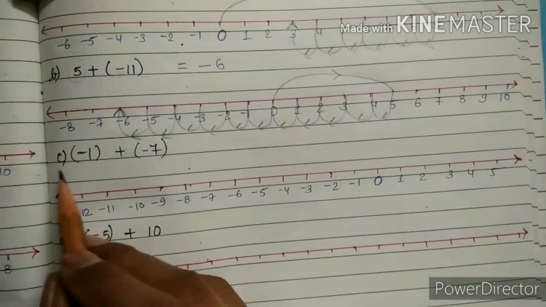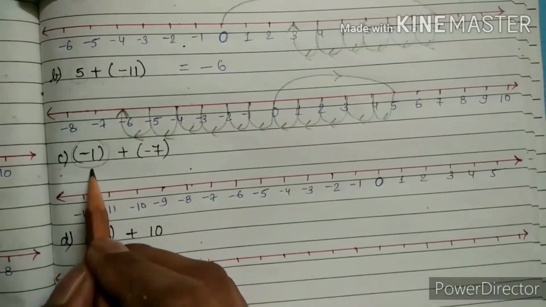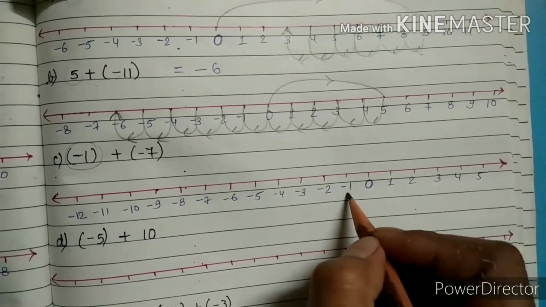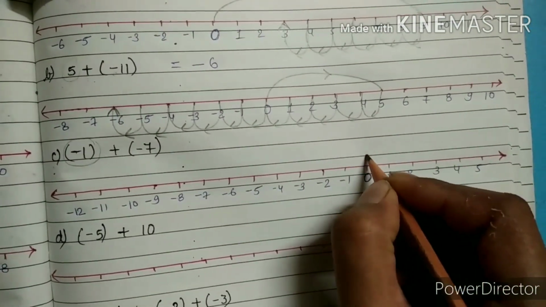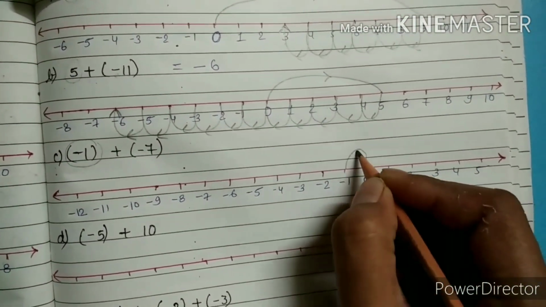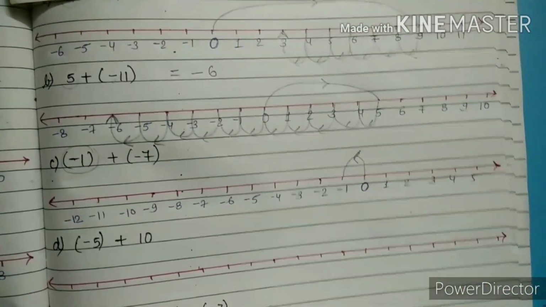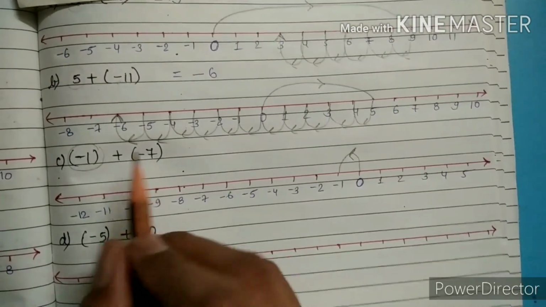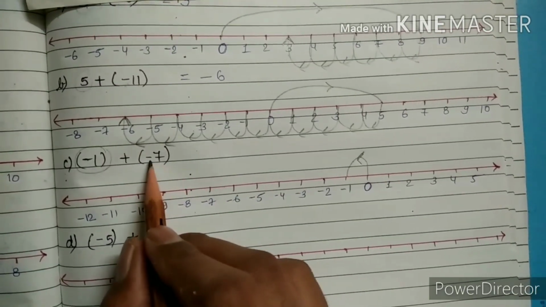Same as on this side we will do. Now in C, the first integer is negative 1. It means we are standing on negative 1. Here is negative 1. And how can we directly reach negative 1? We reach negative 1 through 0 in one step. So this is the one step to reach negative 1. Now we have to go negative 7. We see a negative symbol.